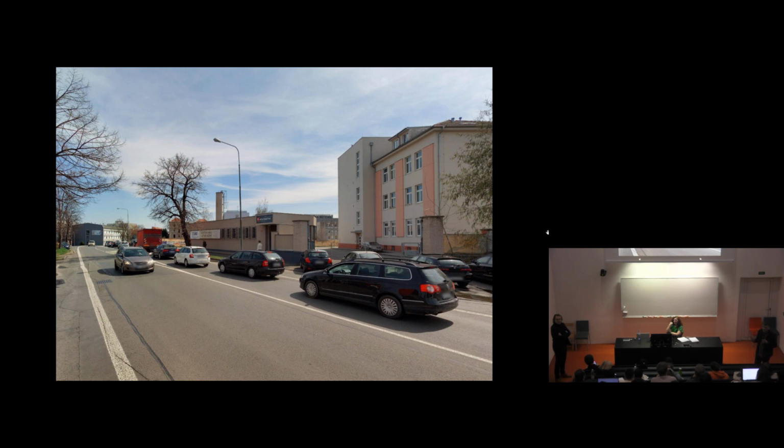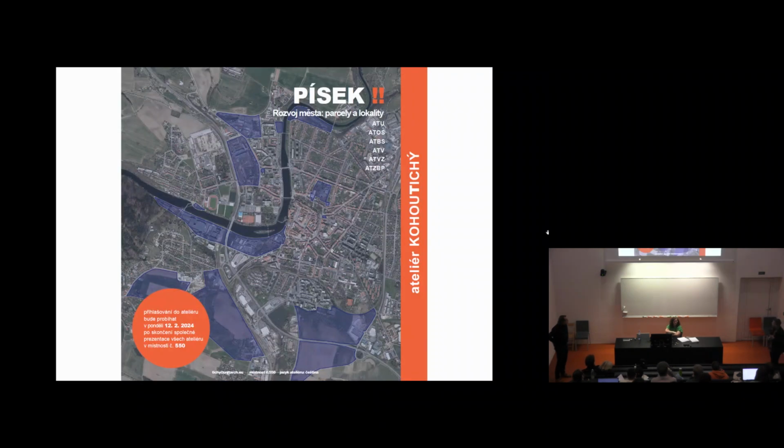And there is a highway which has been built for ages from Prague towards Písek, which will soon be finished. So there is expected development connected with that, but it also brings some challenges to the city. So there are several different tasks.